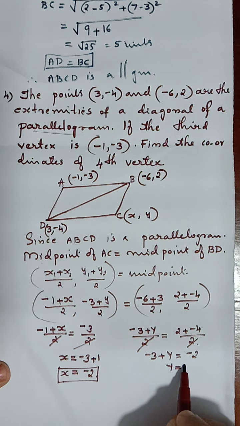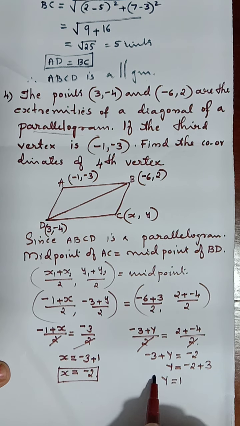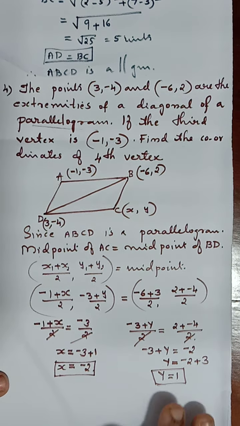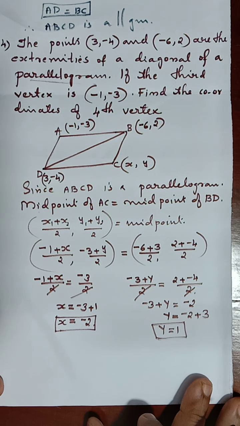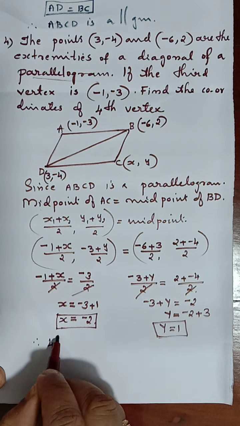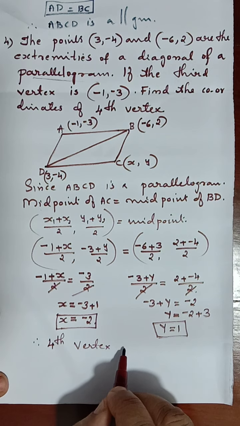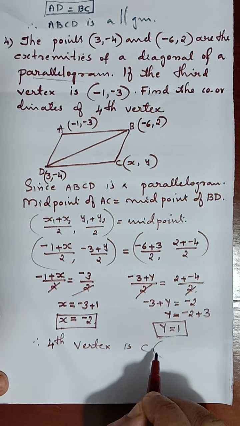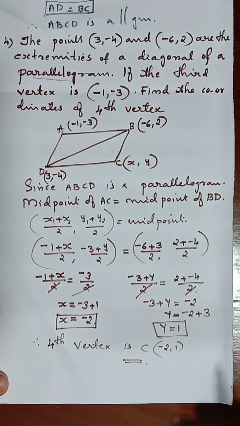Therefore, y is equal to minus 2 plus 3, y is equal to positive 1. Therefore, our answer: the fourth coordinate, that is how it is asked. Find the coordinate of fourth vertex. Therefore, the fourth vertex is (x, y) is negative 2, 1. This is our answer.